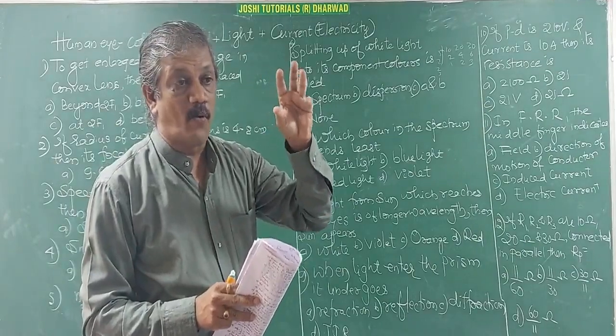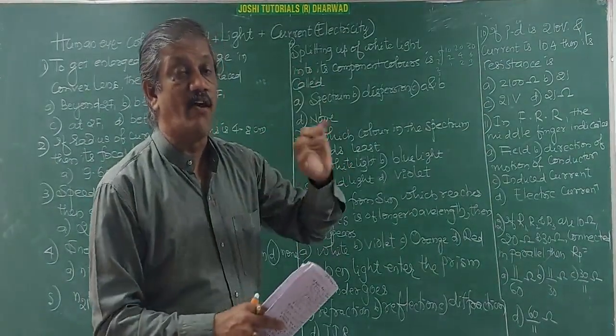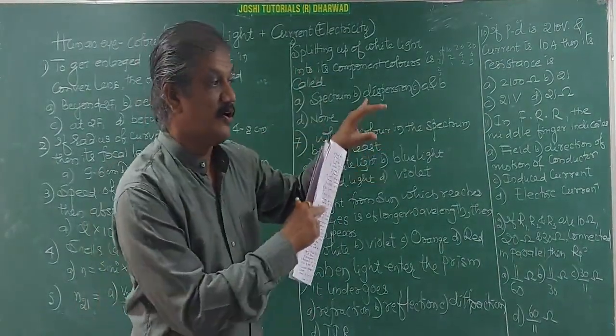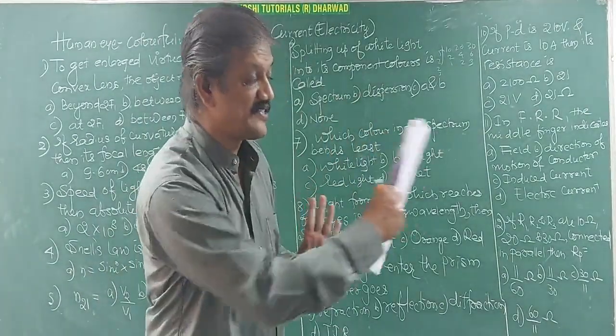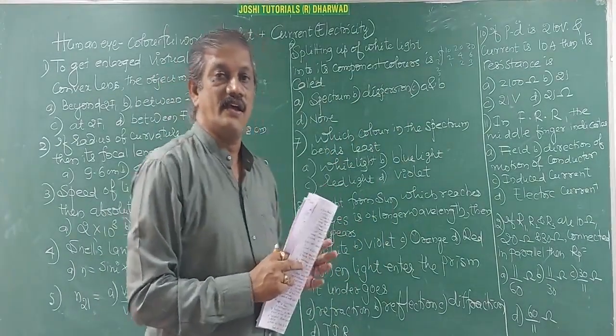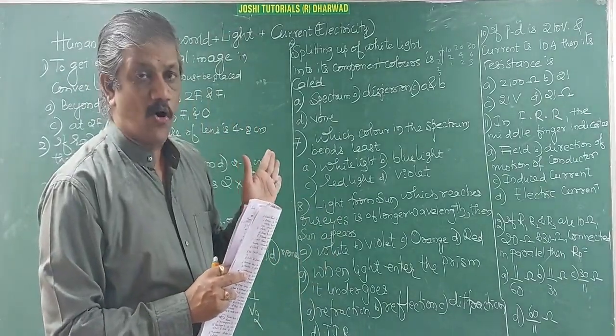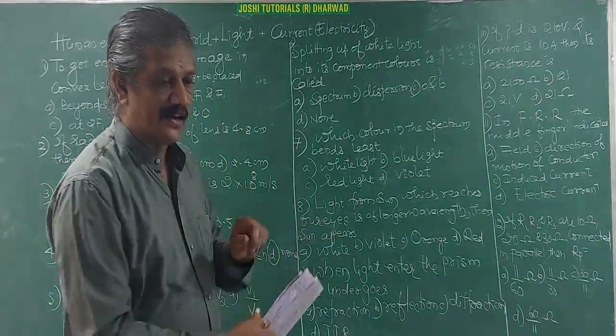Then what is the sign of focal length in case of convex? It is positive, because it is on the right side. In the concave lens, the focal length is on the left side, so it is negative.